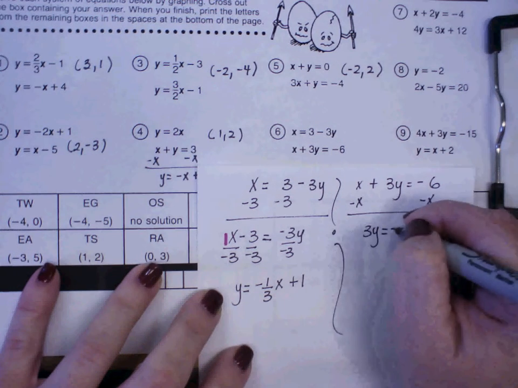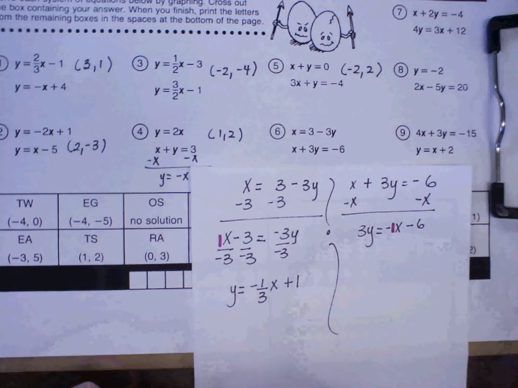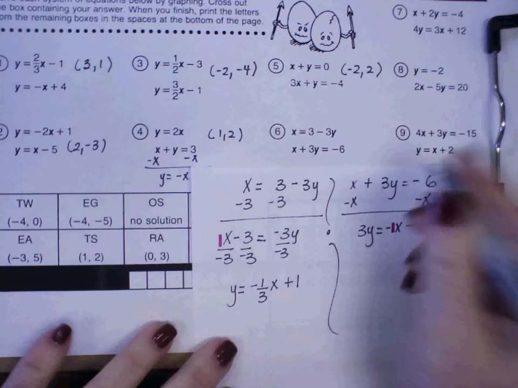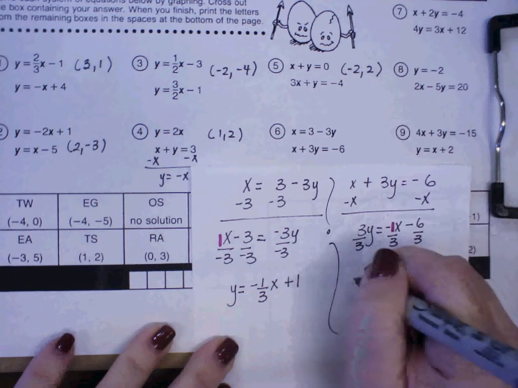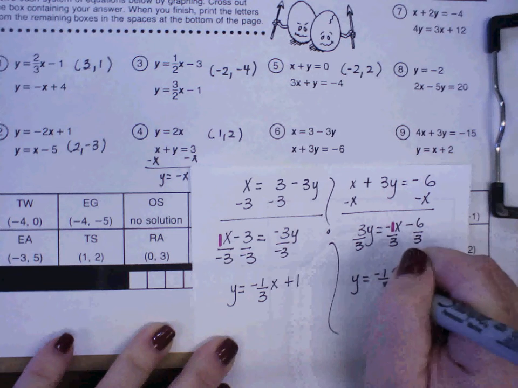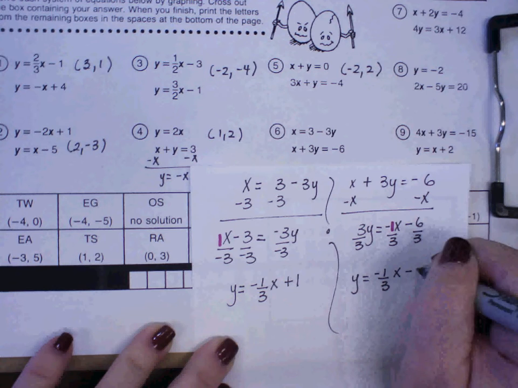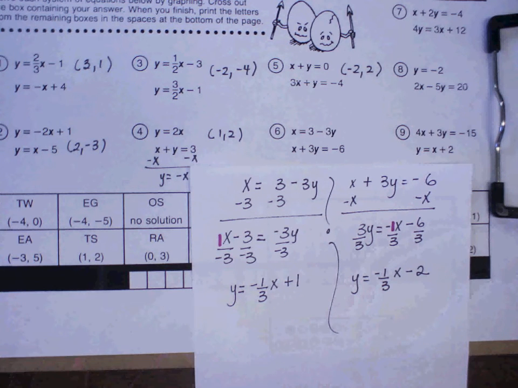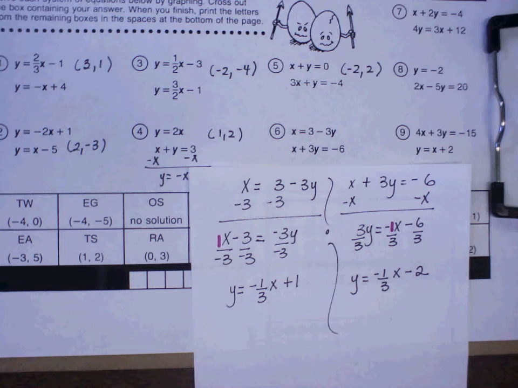I'm going to divide by 3. Y equals negative 1/3 x minus 2. All right. Somebody already told me that they're what? How do you know? Same slope, which means, will they ever intersect? Is there a solution? Heck no. So this would be? All right. Yay?